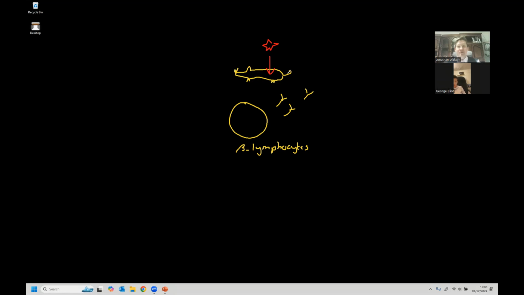Well, the antigens are whatever it is that the antibodies react to, the antibodies that are produced by particular B lymphocytes. So you end up with loads and loads of these B lymphocytes that make this antibody. Does that make sense? Yeah.